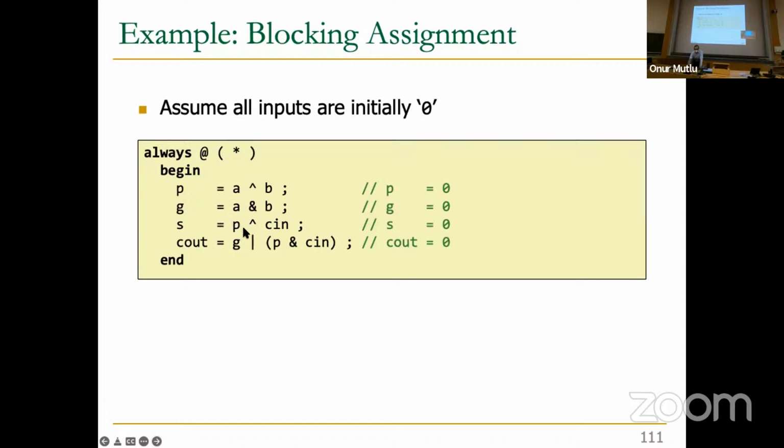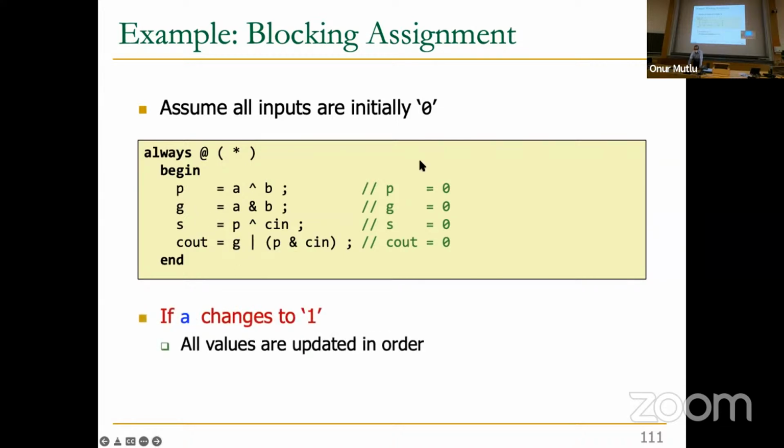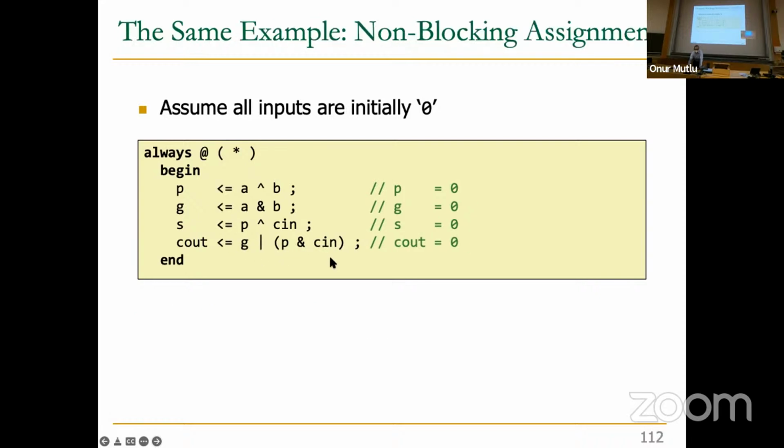The value of P that's used over here is the result of this, and the value of G that's used over here is the result of that statement. So for example, if A changes to 1, all values are updated in order. If A changes to 1, P changes to 1, G changes to 0, S changes to 1 based on P, and C out is kept as 0 because both G and P change.